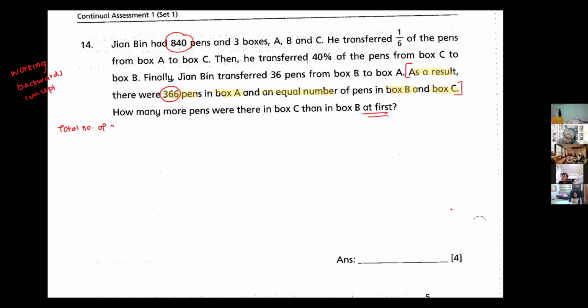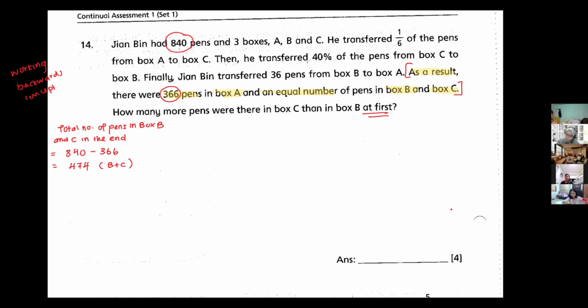Total number of pens in box B and C in the end equals, I take my 840 total, take away my 366, equals 474. And this is what we have in B plus C.